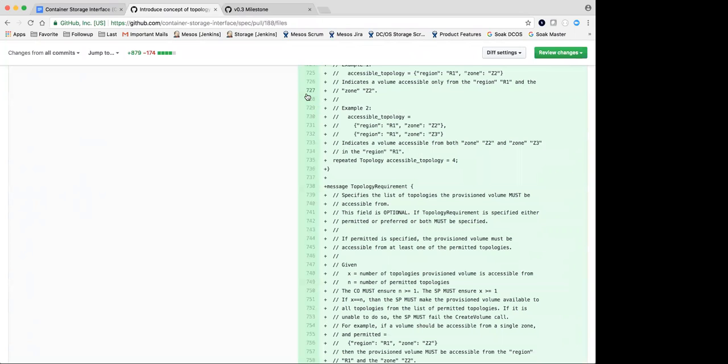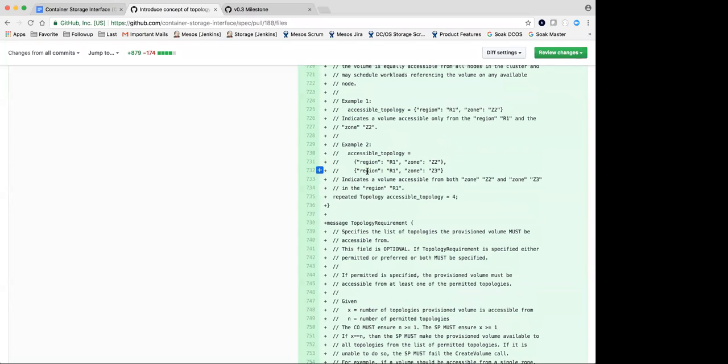Well, the system has to do it in order to do the comparison, right? We have to do the comparison between the volumes and the nodes. No, the system shouldn't be parsing this at all. These are opaque strings.